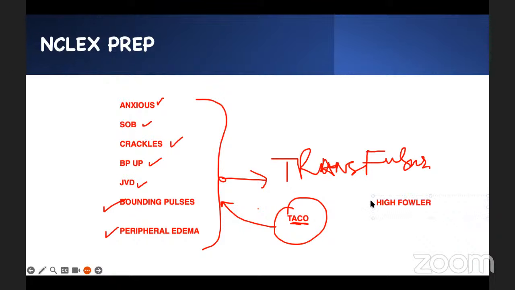You need to weigh them. You need to check intake and output, and then you need to give them a diuretic, furosemide. This is not heart failure. This is what we call TACO. So read more about it and figure it out. Those are the signs and symptoms you need to learn about.